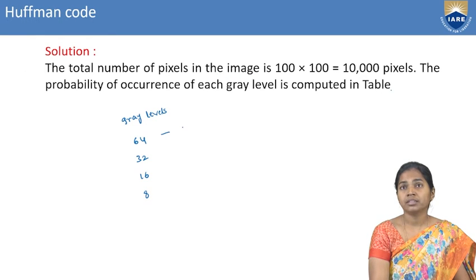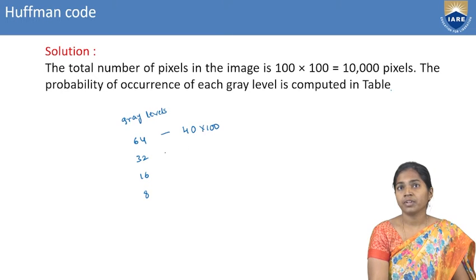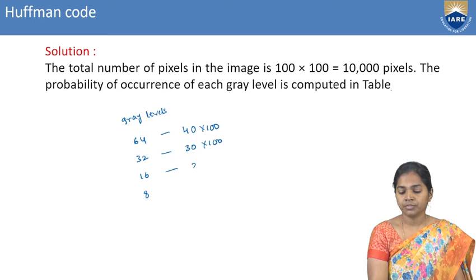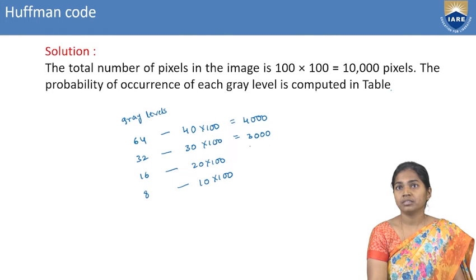The number of pixels are 40 into 100, 30 into 100, 20 into 100, 10 into 100, which is 4,000, 3,000, 2,000, 1,000.